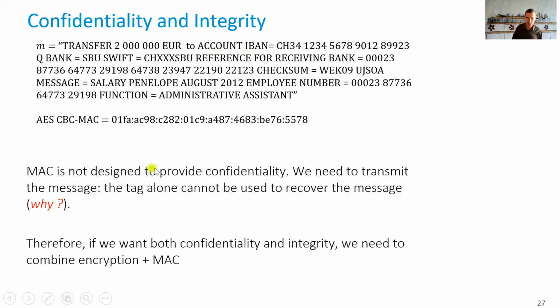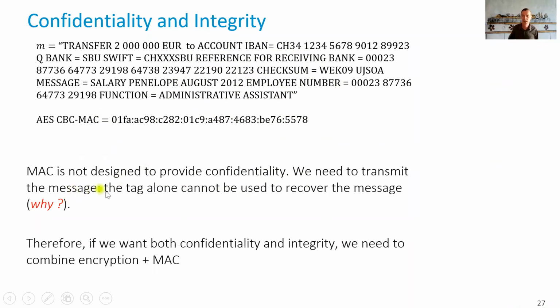Now, a MAC is not designed to provide confidentiality. We need to transmit the message here. Here it's transmitted in the clear, so anybody can see it. The tag alone cannot be used to recover the message. If I send to you only this 128-bit string, you're not able to reconstruct the message. Why?